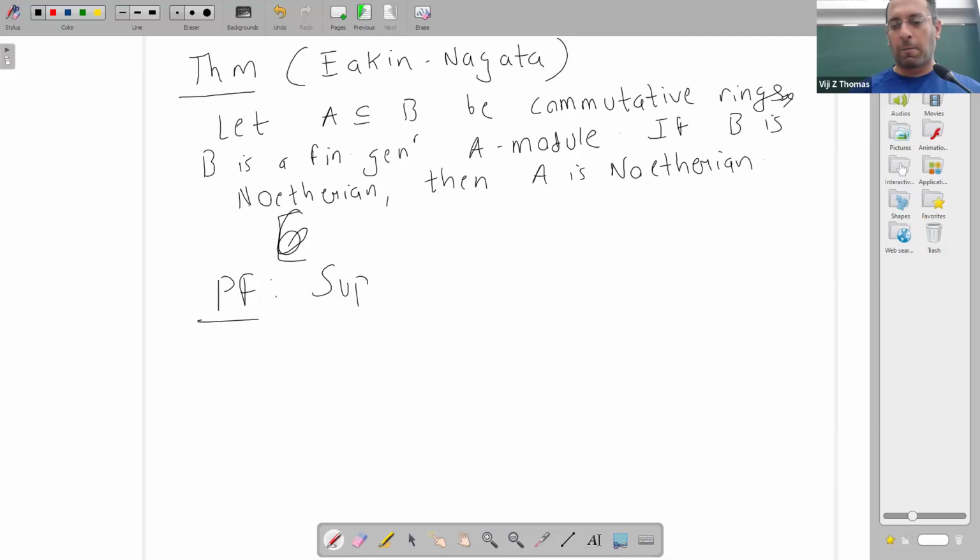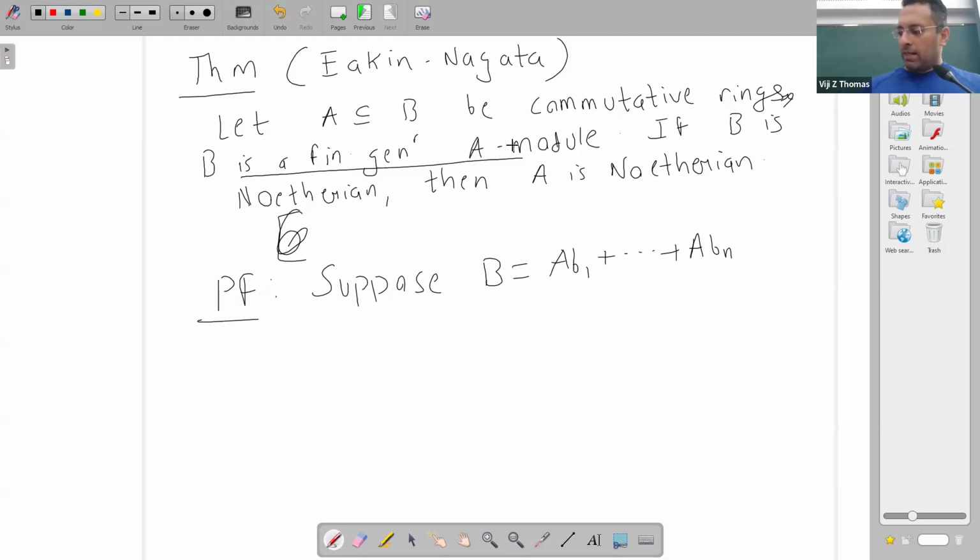Suppose B equals AB1 plus ... plus ABn, because B is a finitely generated A module. Because of that, I can write this.